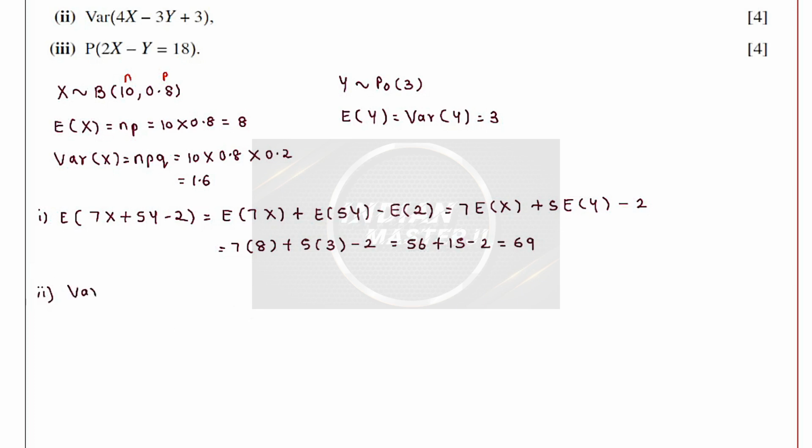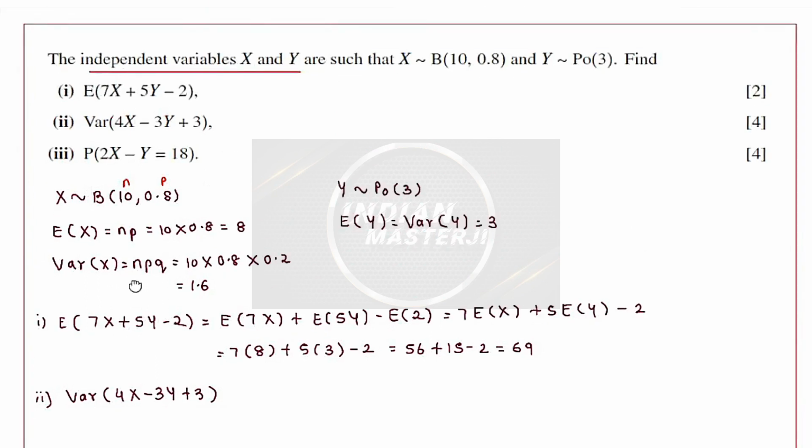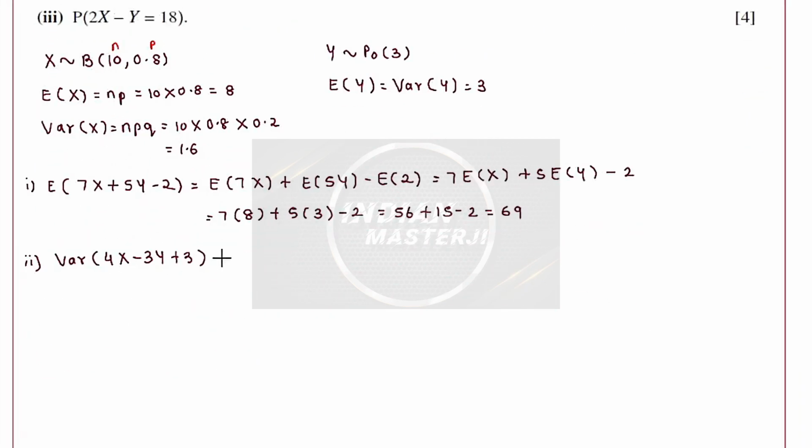What is the second part? They are asking for the variance of 4X minus 3Y plus 3. Now we know that X and Y are independent variables. Because they are independent variables, variance is always going to get added up. So I'll get 4 square into variance of X plus 3 square into variance of Y. And we have already studied that the variance of a constant is 0, because there is no deviation with respect to that constant.